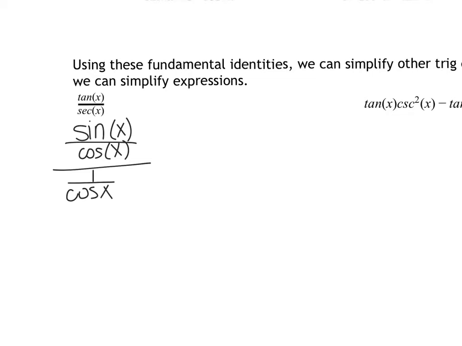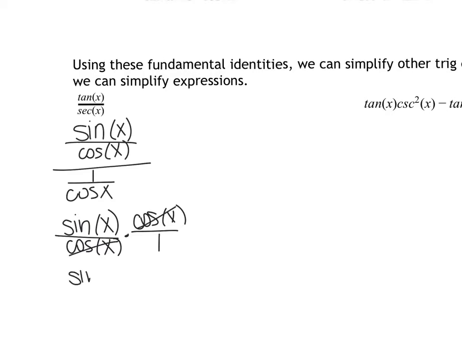Now we're dividing two fractions, which you always rewrite as multiplication. So we'll leave the numerator alone, sine of x over cosine of x, times the reciprocal of the denominator, which gives us cosine of x over 1. Now that we've written it, the cosines will cancel and we'll be left with sine of x as our simplified expression.